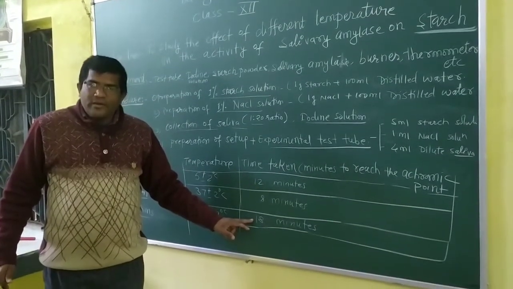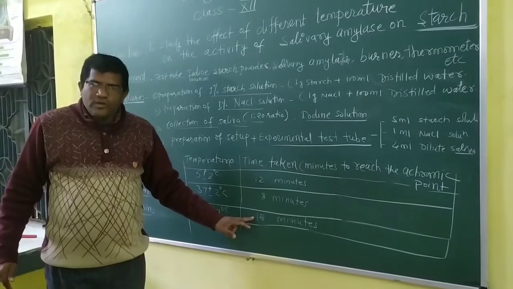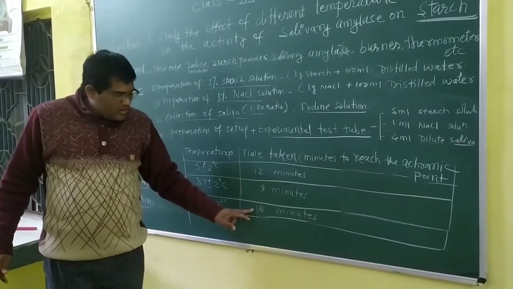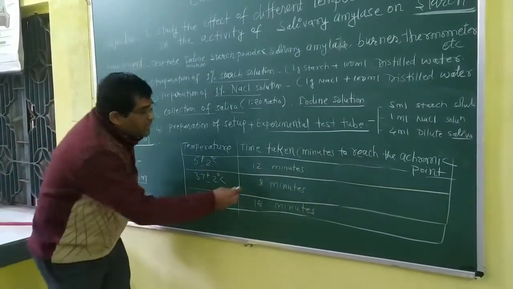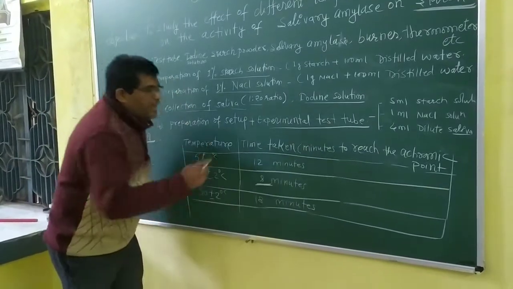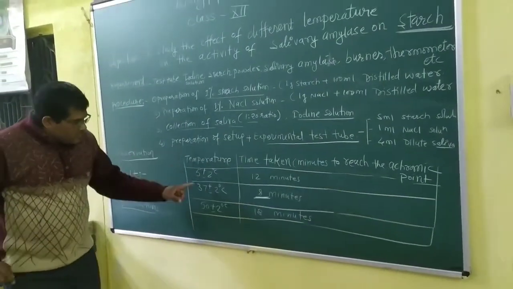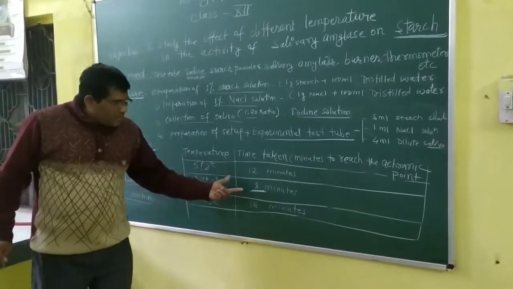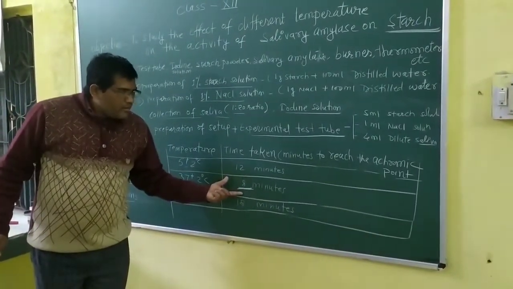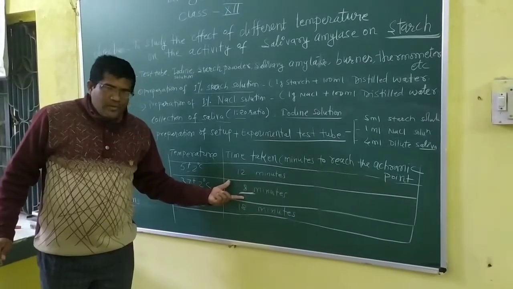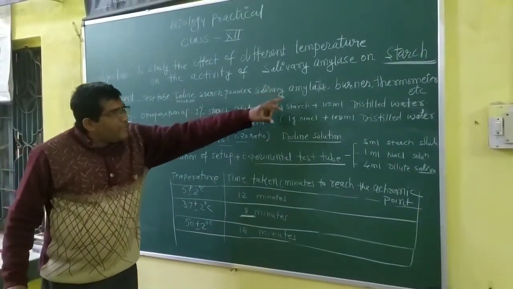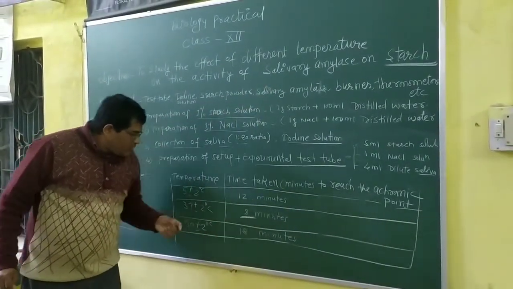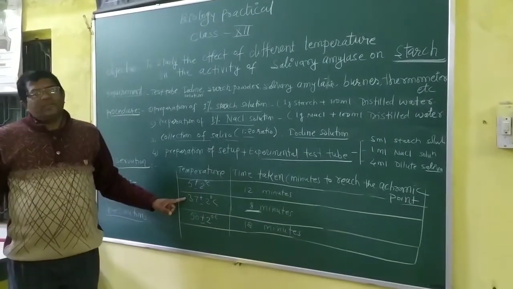It means the iodine color is as usual, the starch blue-black color does not come, and here 8 minutes is the least time. It means at 37 degree temperature we are receiving the achromic point at 8 minutes. It means salivary amylase is very active at 37 degree temperature.